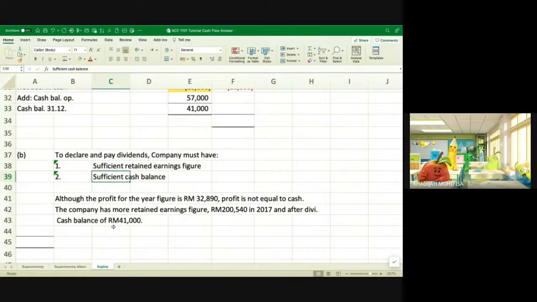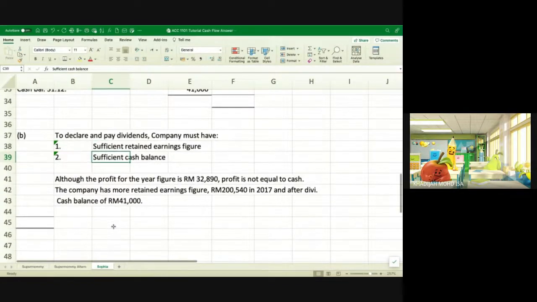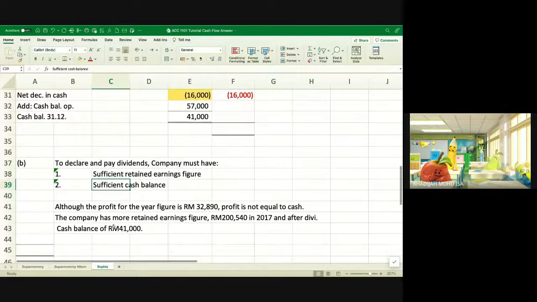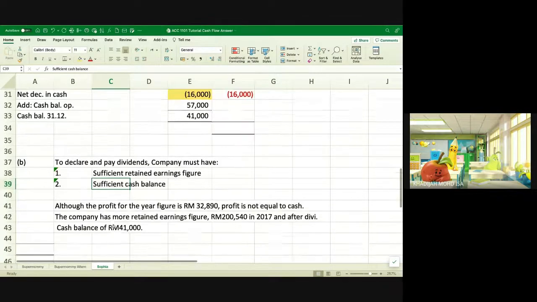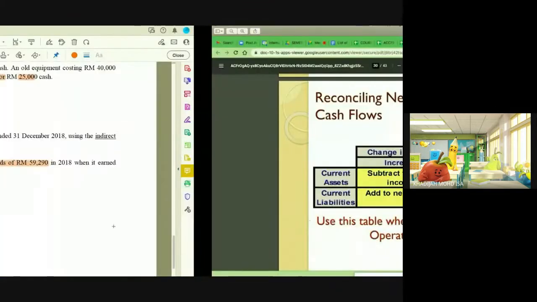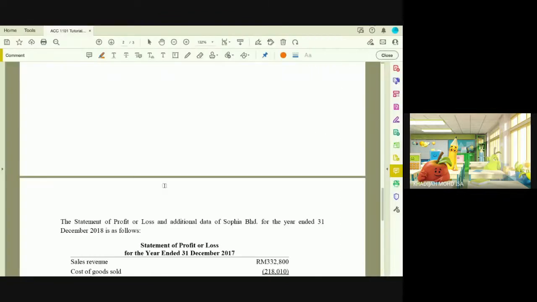In other words, when you want to pay out dividend, you must make sure that you have enough cash. How much is your cash at the beginning of the year?